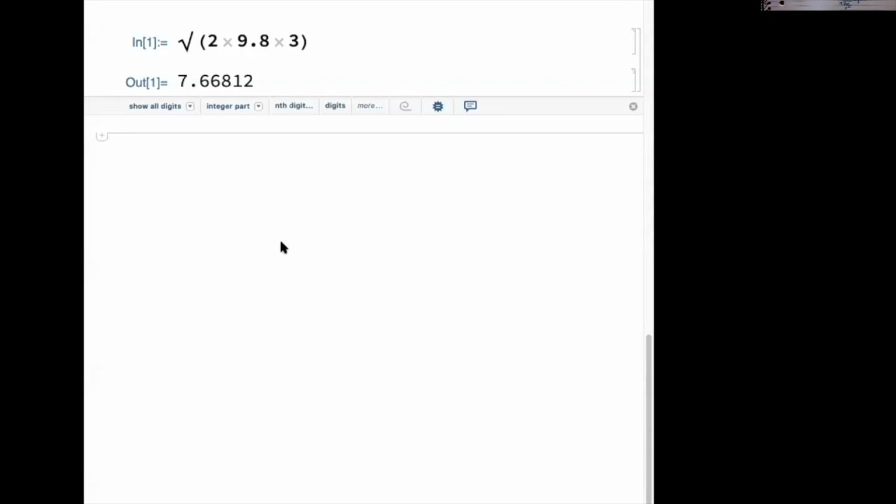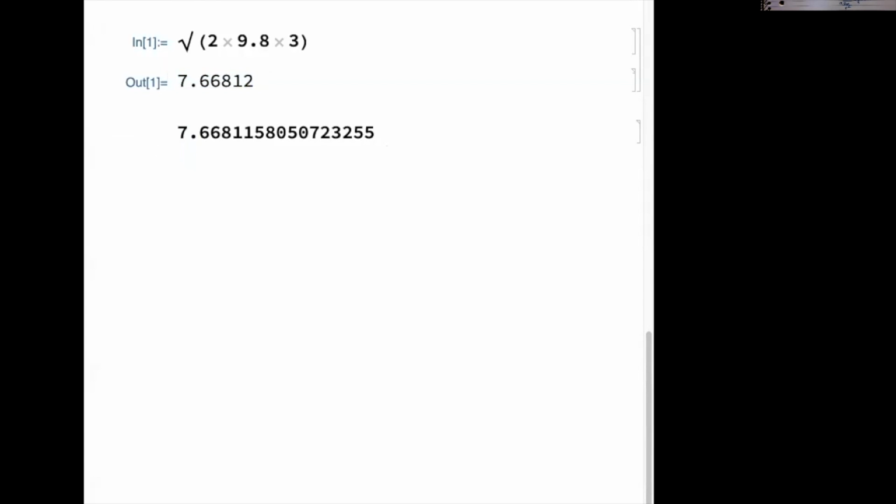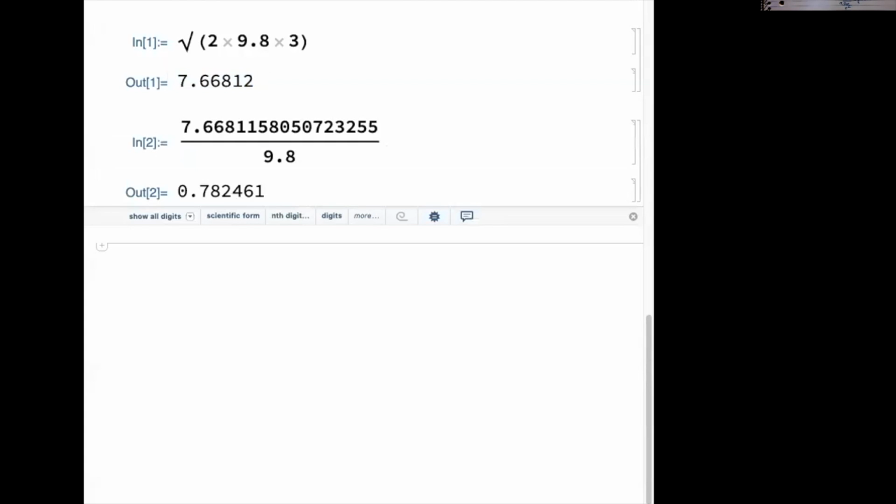Putting our numbers into Mathematica, we have 7 point... actually, no, I'm just going to copy this because it actually is going to have a lot more digits. So see, Mathematica keeps track of them all, never loses them. Divided by 9.8, there's more digits, but we're not going to worry about that for now. So I get, for half of my time, t is going to equal 0.78 seconds.